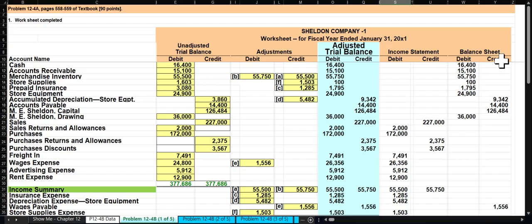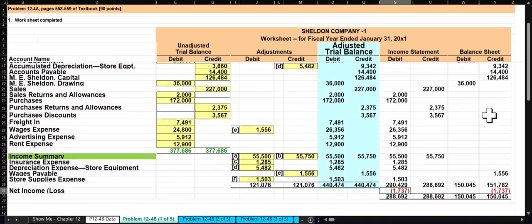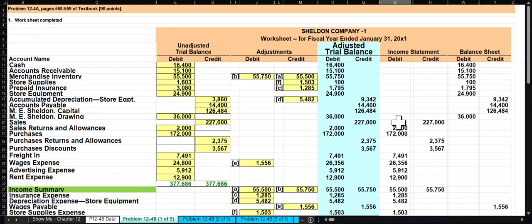And these are the long-term or permanent accounts, which simply means that these are the balances that are going to go over into the next fiscal period. So all of the temporary accounts, and they are the ones that would be in your income statement, are going to be closed, and we're going to take the balance sheet accounts over into the next fiscal period.